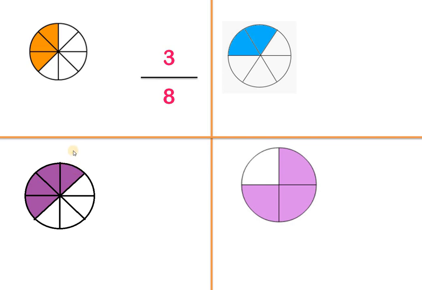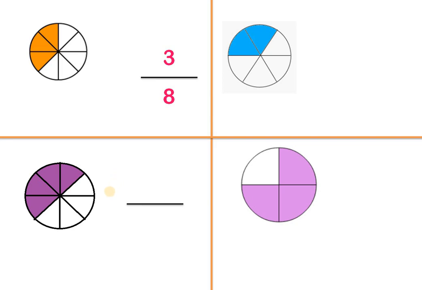Let's find out how many purple parts there are. First of all, we have to draw the fraction line. Then we have to count all the parts in the circle. 1, 2, 3, 4, 5, 6, 7, 8. So the number of parts altogether is 8.